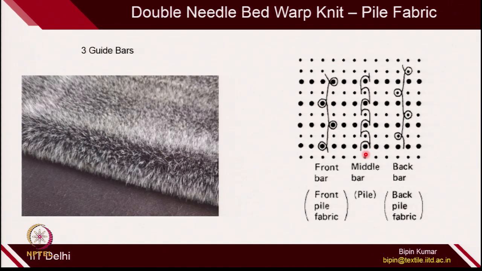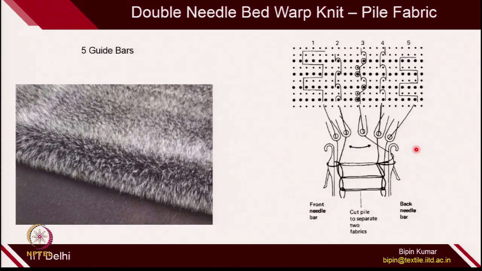So, it is making loops with the bigger dot as well as the smaller dot. The bigger dot is the needles of the front bed, the smaller dot is the needles of the back bed. So, the connecting bar is moving to the needles of both the beds, while the front bar is only making loops with the front bed, and the back bar is making loops only with the back bed.